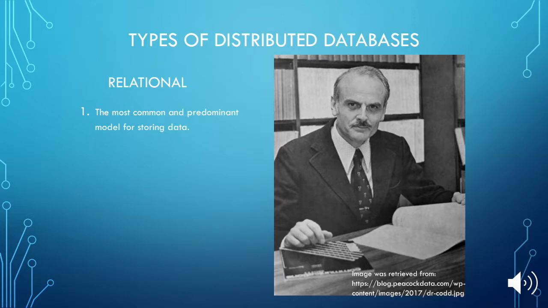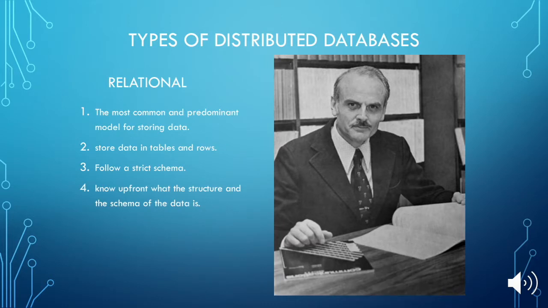It has a simple logical structure that is based on the core concept of relation. It stores data in tables and rows. It follows a strict schema as it has a fixed number of columns and rows. Before we write data into a relational database, we have to know upfront what the structure and the schema of the data is.